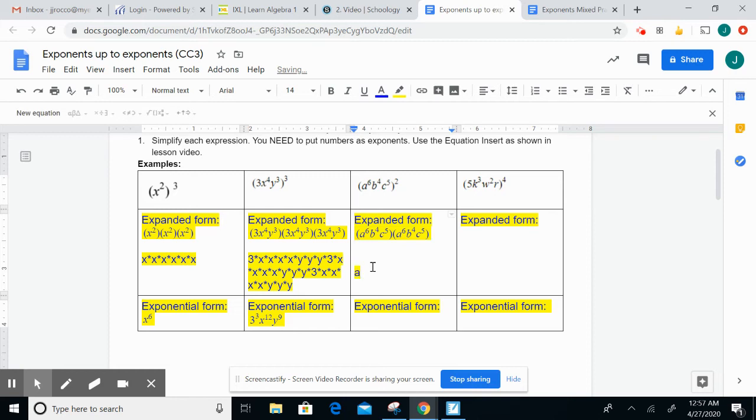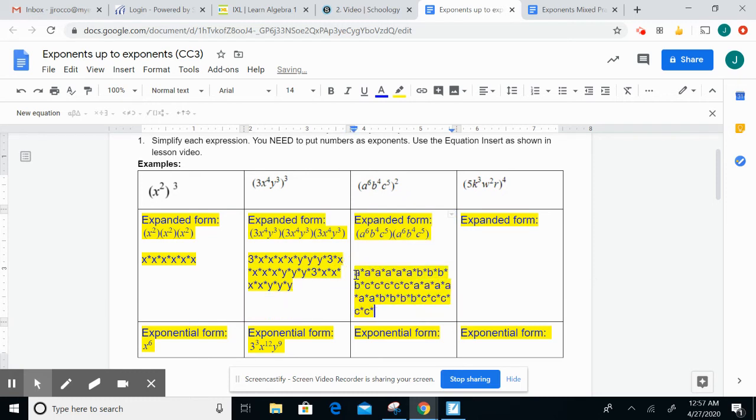Then we have how many a's? 6. 4 b's. And how many c's? 5. All right. Going to go ahead and copy, Control C, Control V.